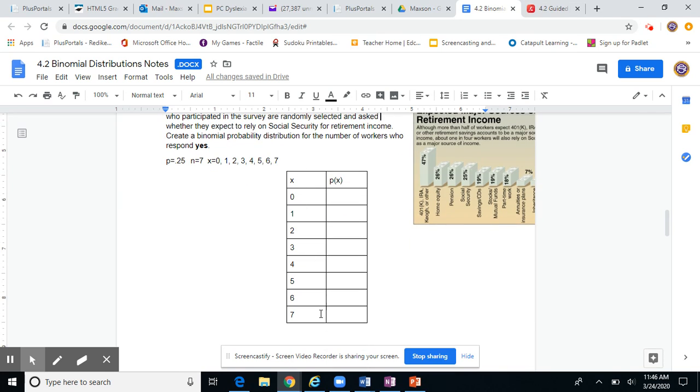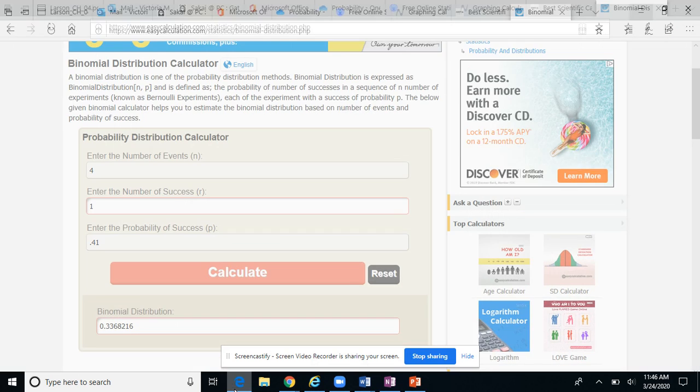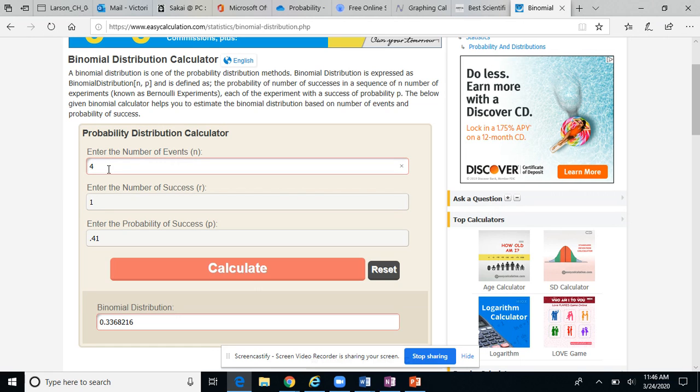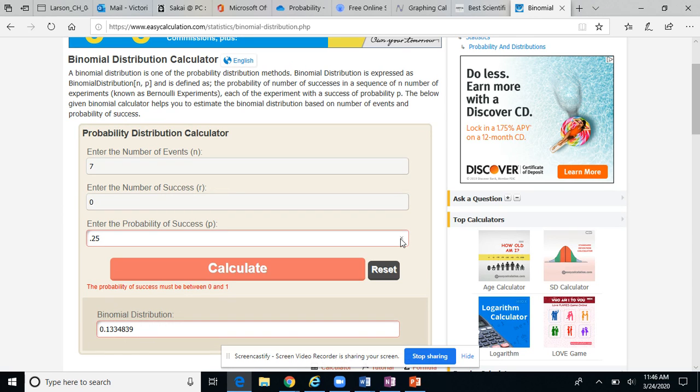So here I made a little chart to organize our data, and we're going to have to go through and find all of the probabilities for successes from 0 to 7. We can do that using this calculator. So there are 7 total people. The first one in our chart is 0, and the probability of success is 0.25 because it was 25%.